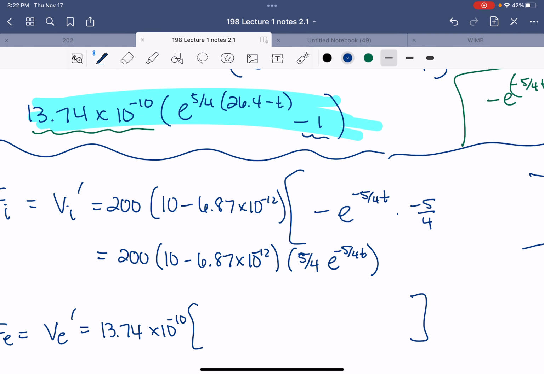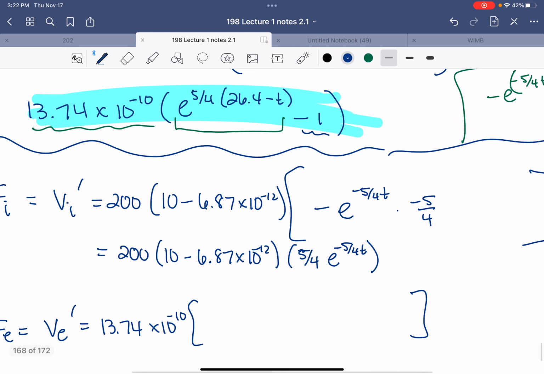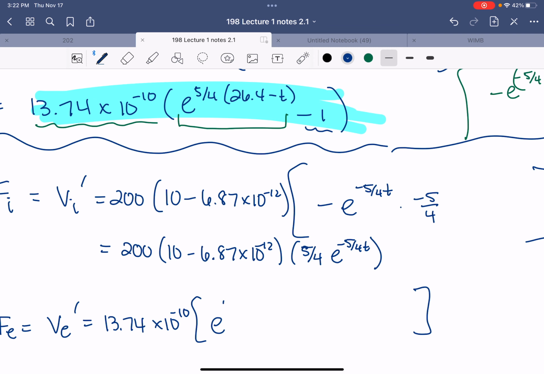Now this negative 1 over here, just a number, its derivative is going to be 0. So the only piece that I have to worry about is this one. Okay? And again, with exponentials, the e is on the outside and that exponent is on the inside. So when we take our derivative, we need chain rule. The derivative of the outside is the e to whatever's there. So I get all that back again. And then I multiply by the derivative of what's inside.